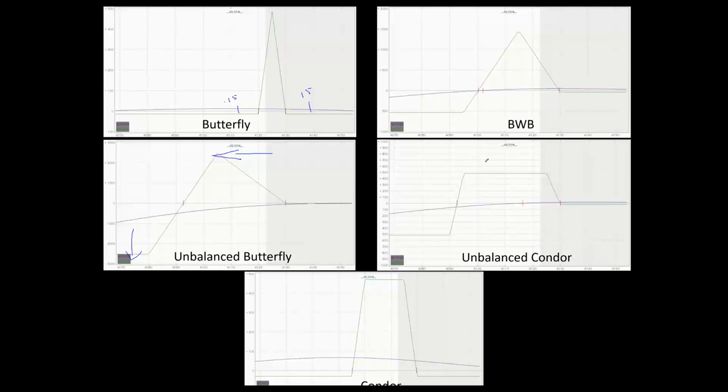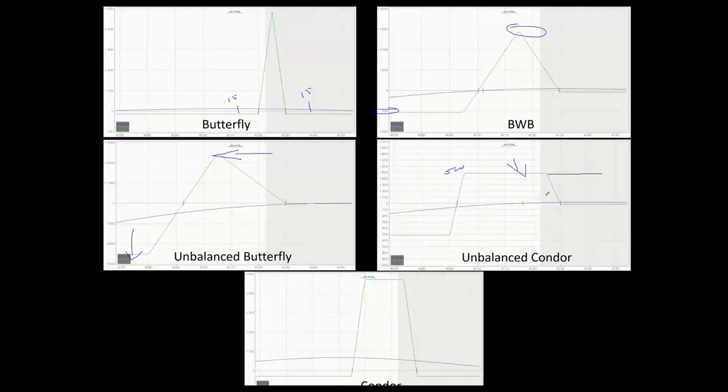This has the greatest range of profit, but it's only a $500 profit, whereas the BWB is not much different, but instead of $500, I can make almost $1,500. And I've got about the same amount of risk, right? Because remember, here's the unbalanced. Let me change colors.